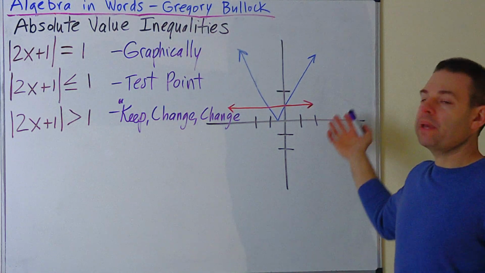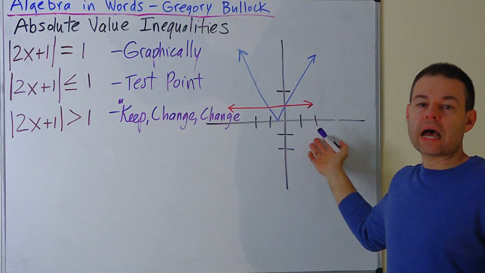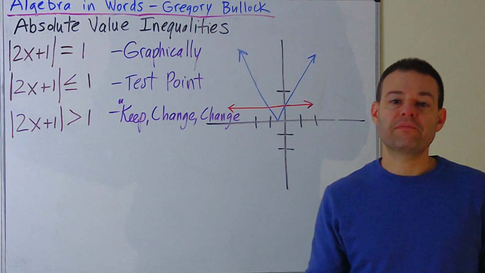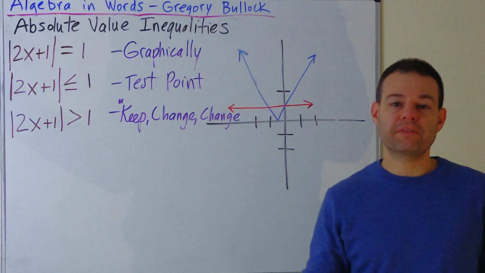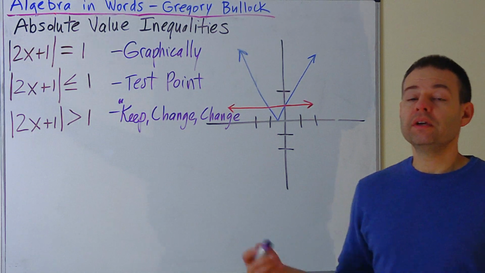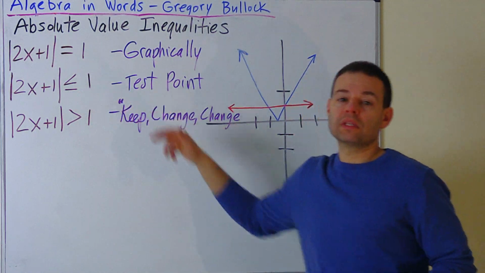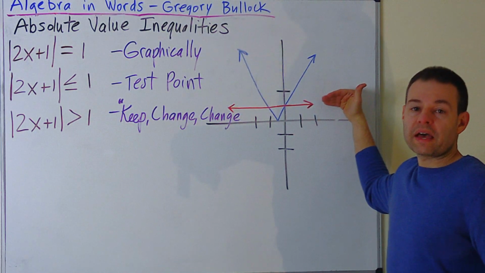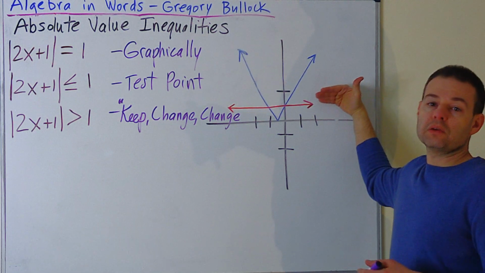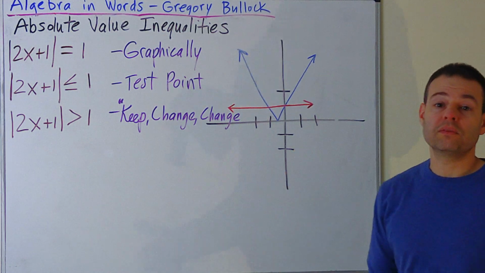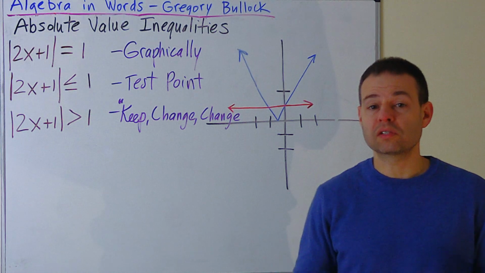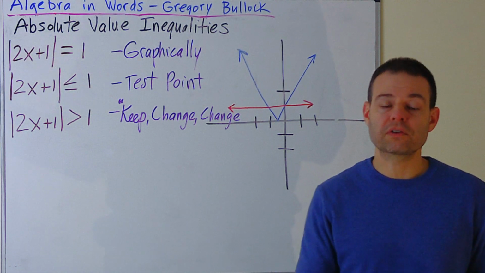That's a method that we could already do right now, which is you're either given the graph, or you can generate a graph by making a table of points and graphing it yourself, and then looking at the graph and keeping in mind that less than, or less than or equal to, means the values of x of the graph below the line, or greater than would be the values of x above the line. So that's the graphical method, which you can do by either just looking, or you might have to make the graph yourself and then look.